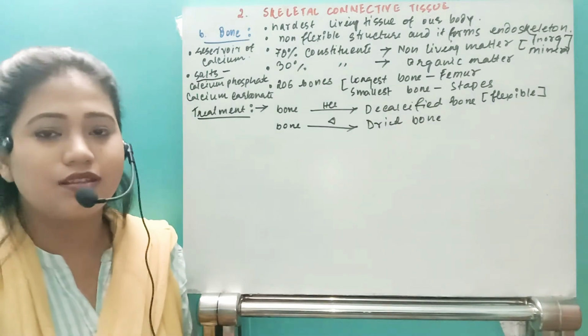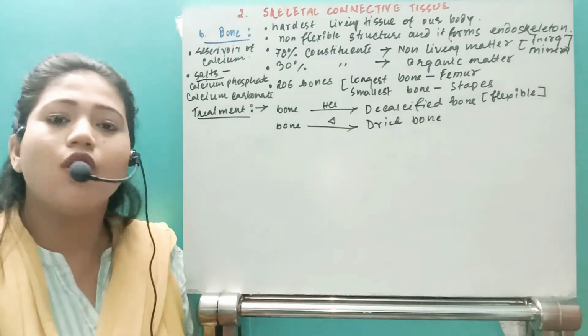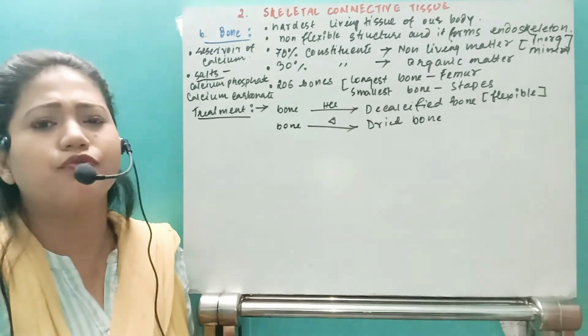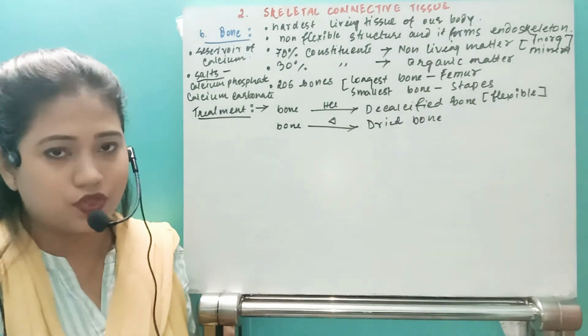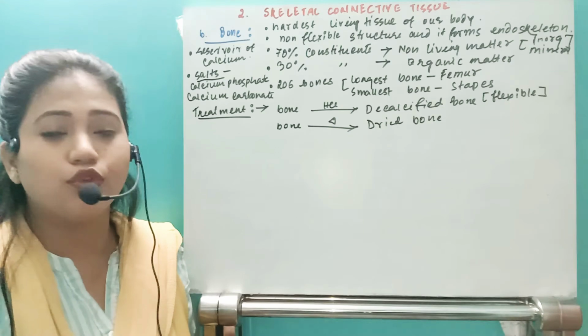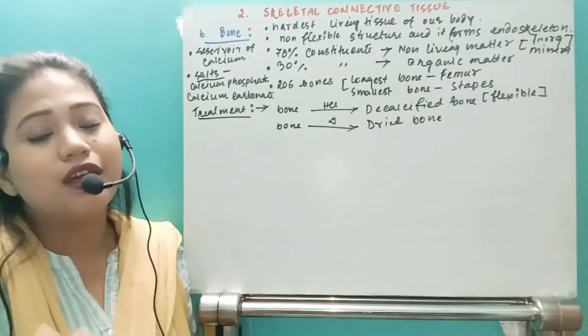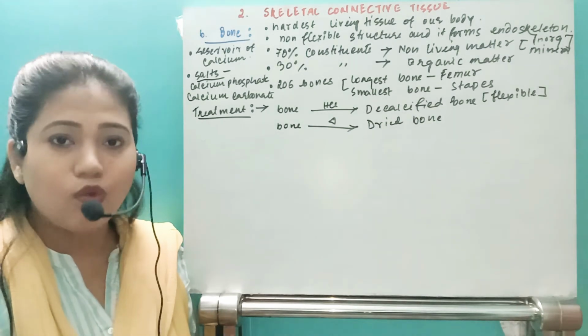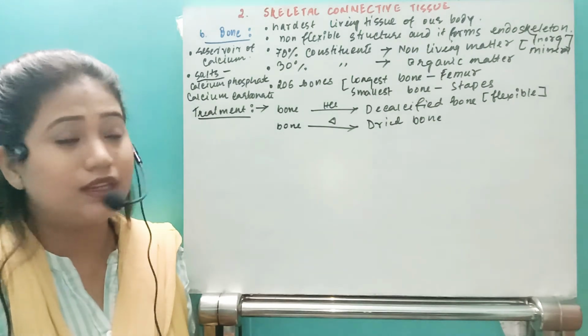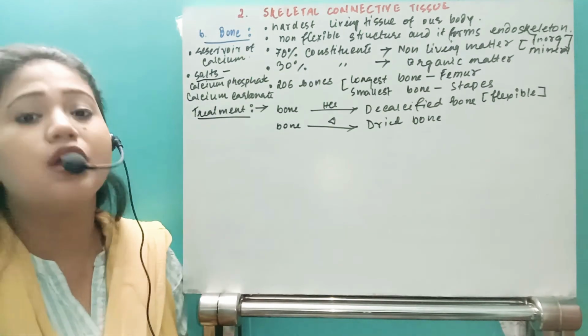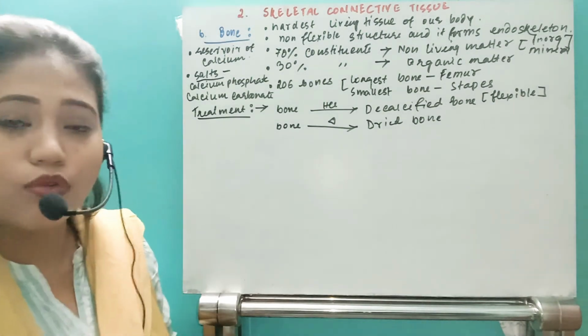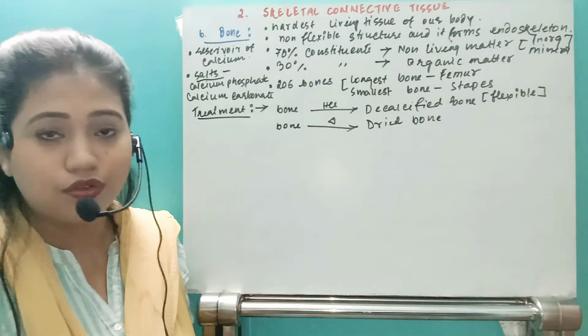The different systems we have, like the Haversian system and Volkmann's canal, all of those components will completely get burnt, and only the inorganic material, the mineral component, will be present. Even the bone marrow will be removed.